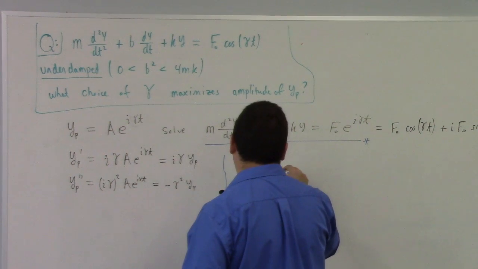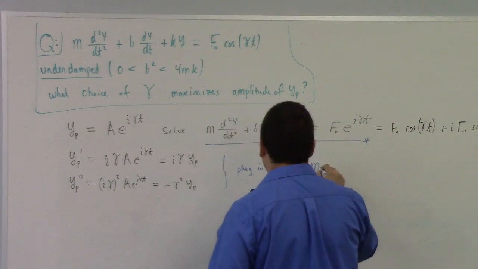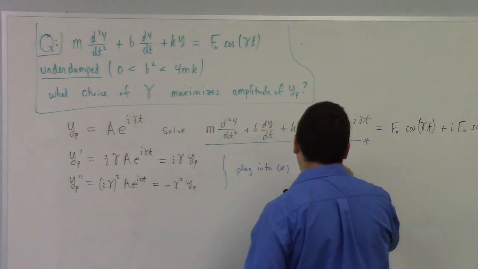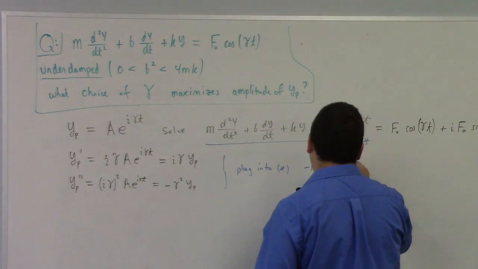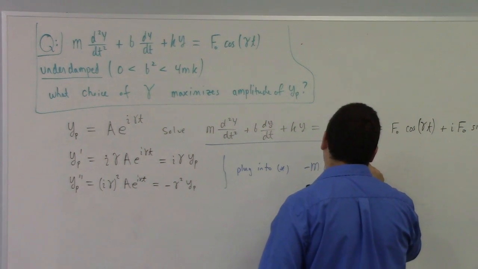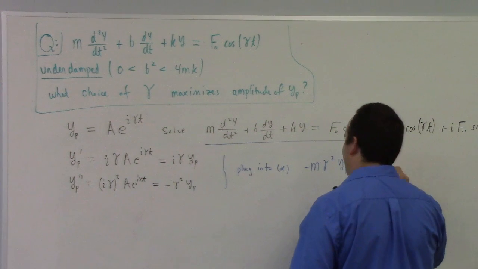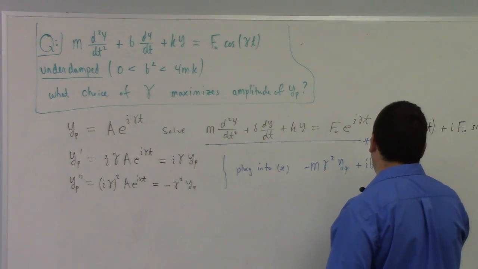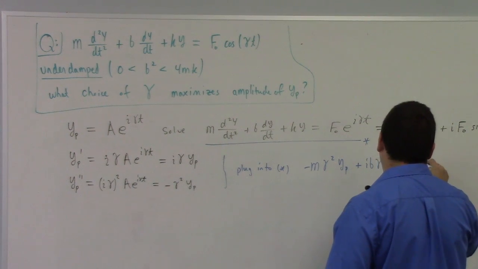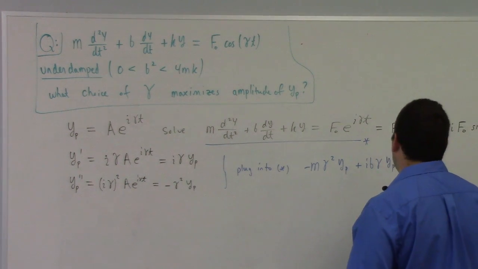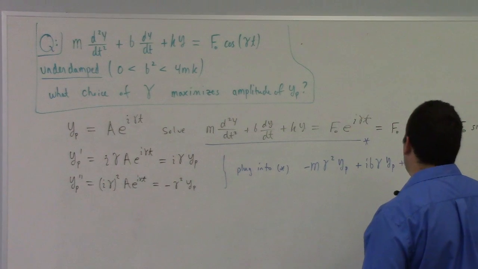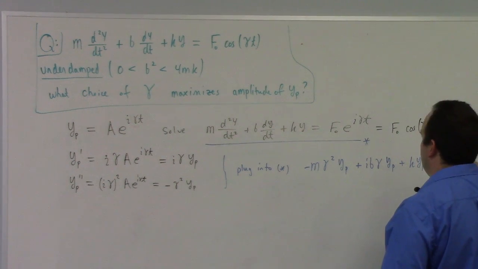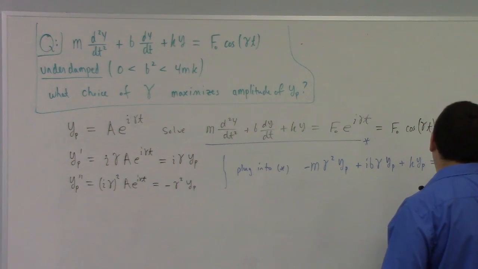What's that give us? It gives us m times minus gamma squared yp, plus I b gamma yp, plus k yp equals f naught e to the I gamma t.